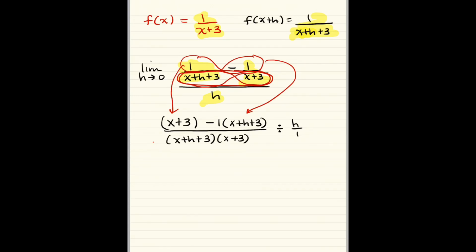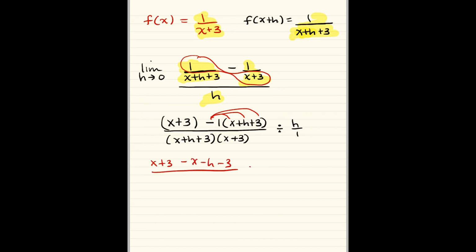Well, from this point here, I'm going to just do a little algebra. Minus x minus h minus 3. So you get x plus 3 minus x minus h minus 3. I'm going to do times 1 over h here because we're going to keep change flip.